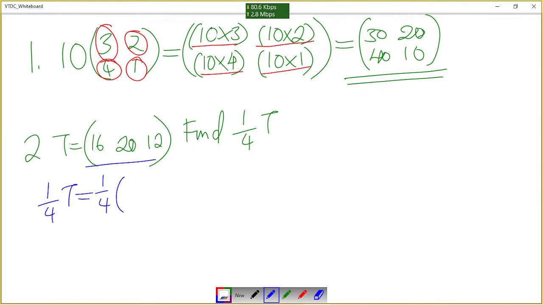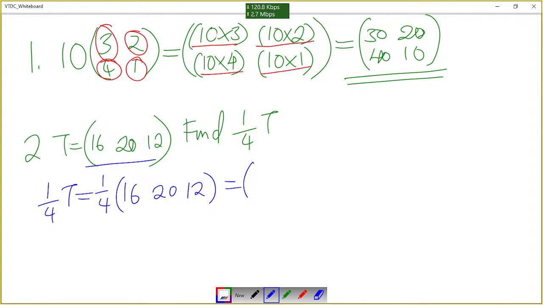So we open a bracket of a matrix, then we say 16, 20, 12, then we close bracket. Then we say equal to. So what do we do? We multiply every member of this matrix T by 1 over 4.